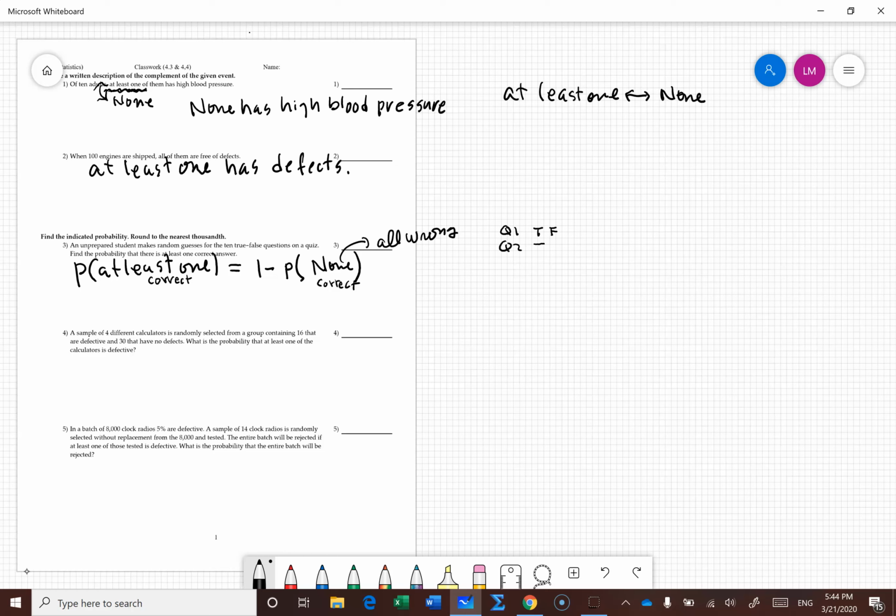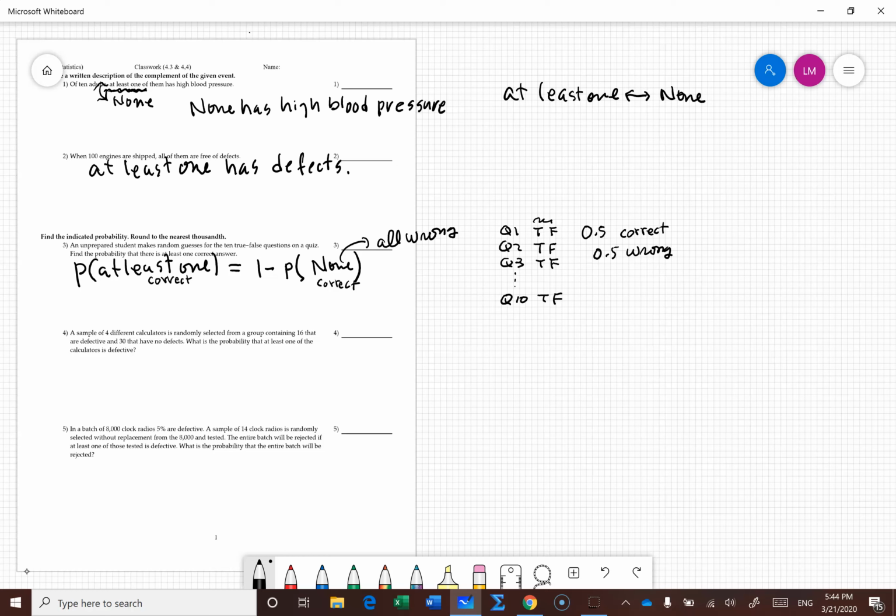Question 2, true false. Question 3, true false. All the way to question 10, true false. If you guess, each question has a 0.5 chance of being correct or 0.5 chance of being wrong, because it is 50-50.